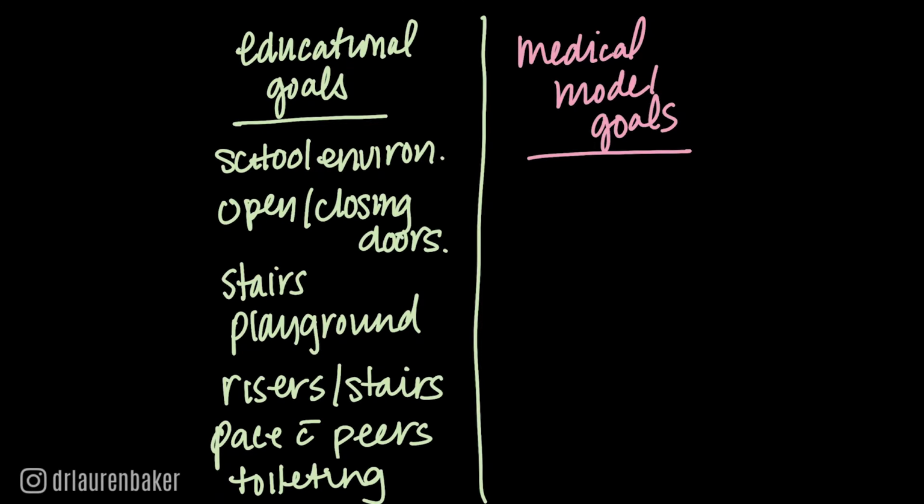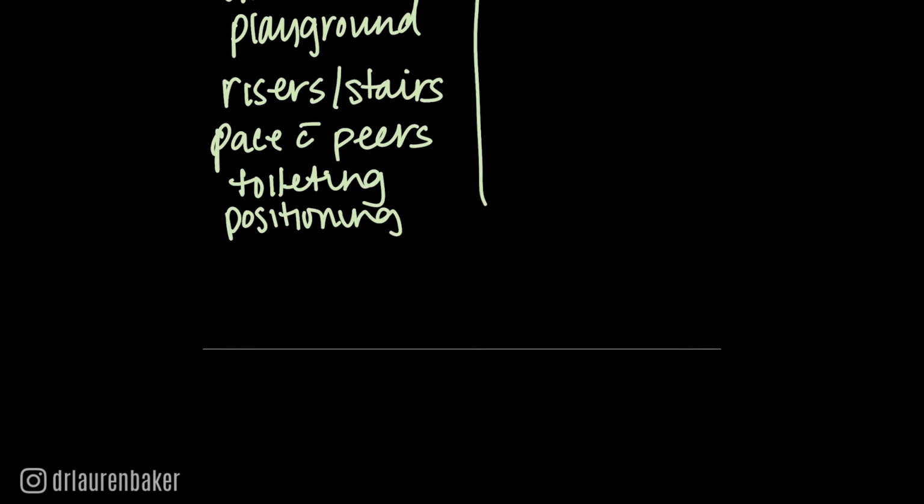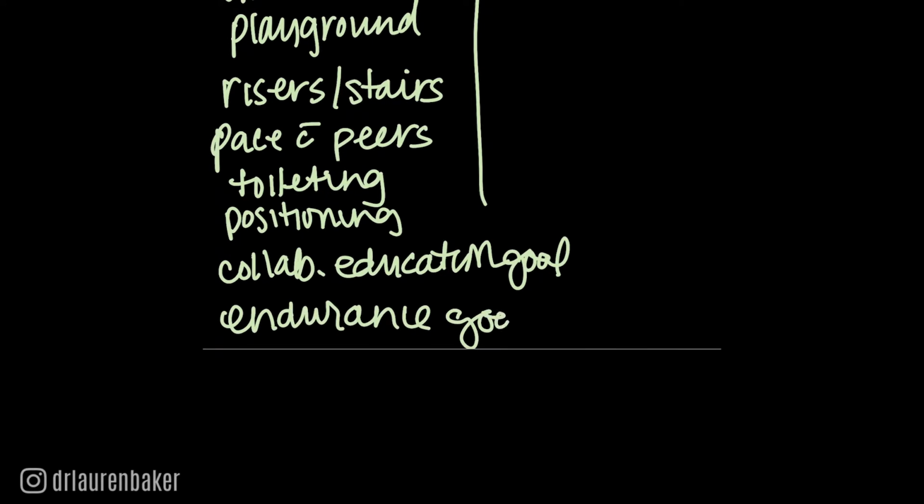Then you might have specific things like positioning for kiddos. You might have a collaborative education goal. You might have an endurance goal. All of these things are going to be specific to the kid's educational environment. So an endurance goal would be maybe sitting in a chair if the kiddo has a really weak core and they're not able to sit still for 5 to 10 minutes, but it's not a sensory component.